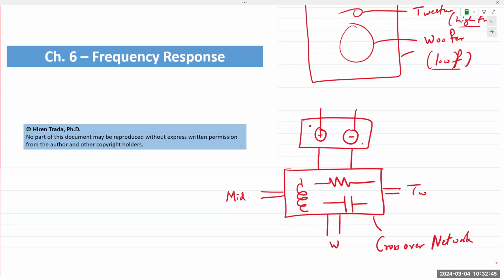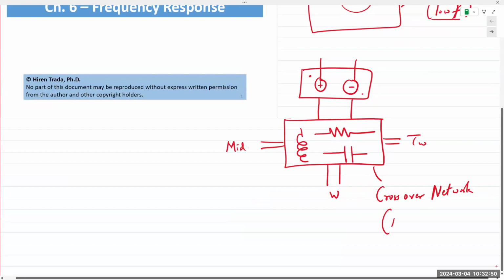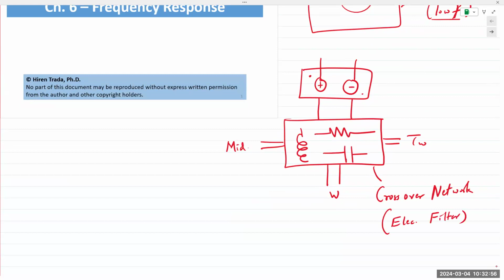And technically, it is an electronic filter, or an electrical filter. And as the name suggests, a filter filters out unwanted signals. So you could take an incoming signal, connect it to this circuit, and if it's going to the mid-range, it's going to filter out the low frequency signals and the high frequency signals. It's only going to allow certain frequencies that are in the middle to pass through.